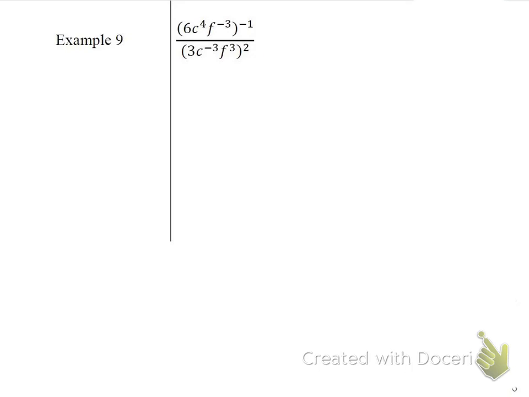Example 9. 6c to the 4th, f to the negative 3rd, all to the negative 1st power, over 3c to the negative 3rd, f to the 3rd, to the 2nd power. What I want you guys to try right now is distribute the exponent to everything inside the parentheses.